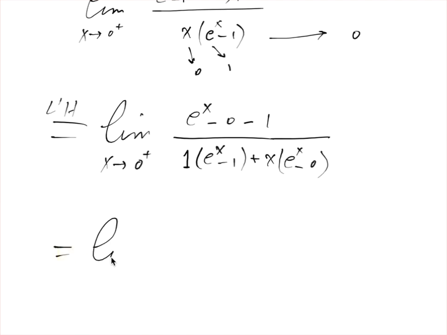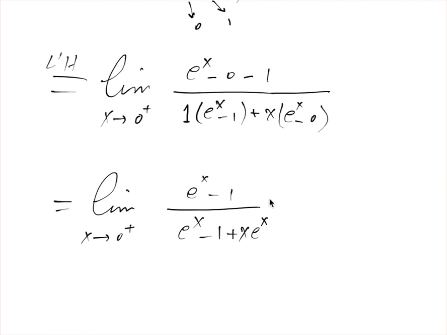So this is equal to the limit as x goes to 0 from the right of e to the x minus 1. In the denominator, I have 1 times e to the x minus 1, plus x times e to the x. Now let's try again.